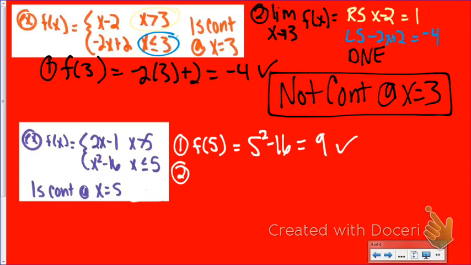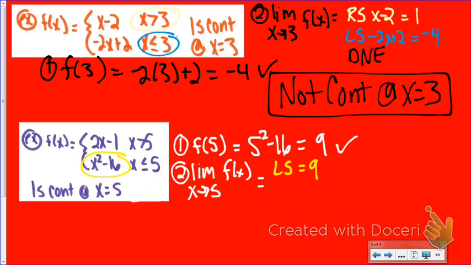The second thing I'm going to do is find the limit, so the limit as x approaches 5 of that equation. I'm going to do it the same way. I'm going to check the left side and I'm going to check the right side. I'm going to start with the left side. The left side is everywhere that it's less than, which is my bottom equation. So for the left side I'm going to do 5 squared minus 16, which is still 9.